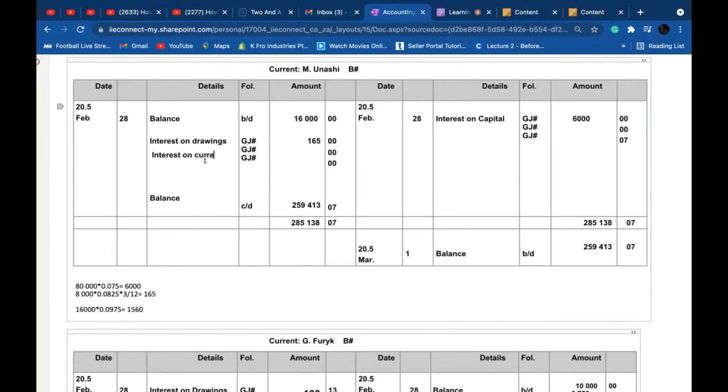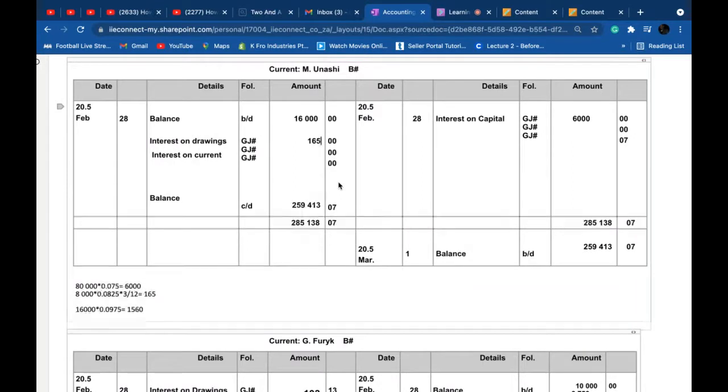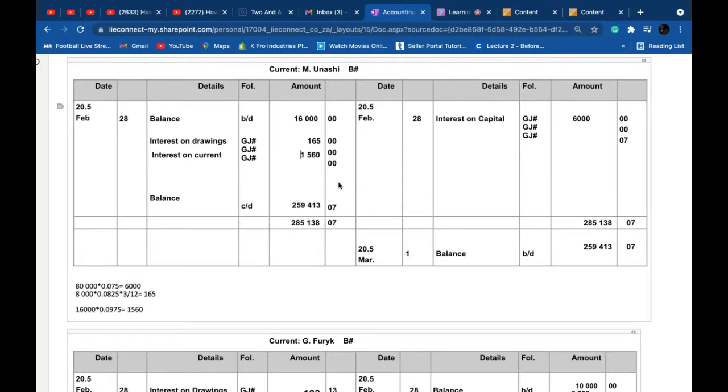So that's going to be interest on current account. I see that's how they do it in your books there. And there we said that was 1,560. Right.